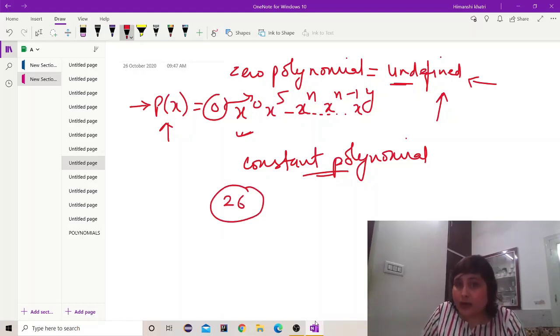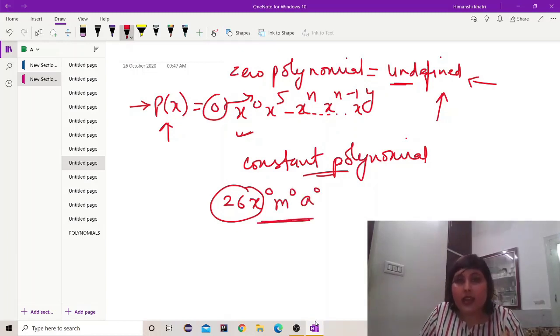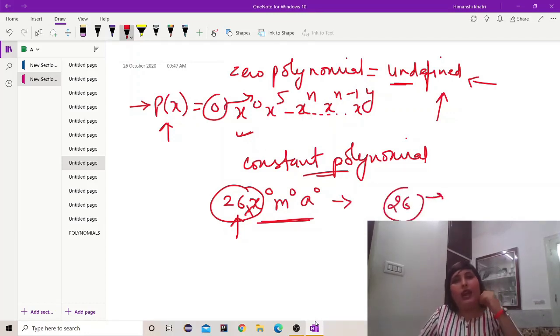Yes, because I can write x to the power 0, m to the power 0, a to the power 0. It contains variables, constants, and a mathematical operation. So 26 is a polynomial and an algebraic expression.